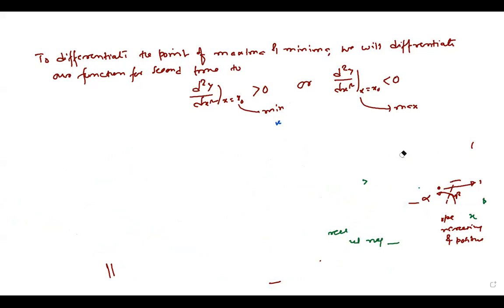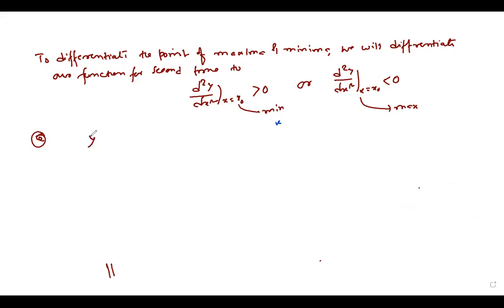I hope so far the problem is clear to you. Suppose, let's see a problem first. Suppose y is given, this is a question, y is given as x square minus 9x plus 3.